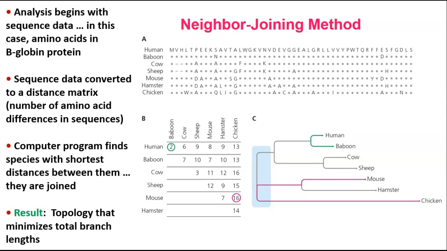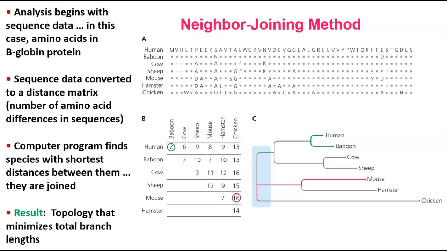Second step, second bullet, the sequence data is converted to a distance matrix. The distance matrix is basically summarizing the number of amino acid differences by doing pairwise comparisons. So if you look in figure B, you see on the vertical axis, human, baboon, cow, etc. And then going across horizontally on the top, human, again, compared to baboon, cow, sheep, mouse.